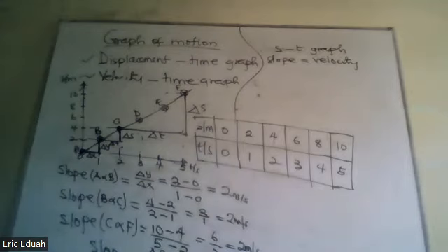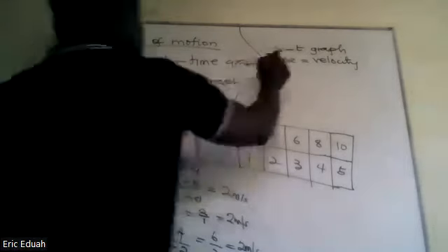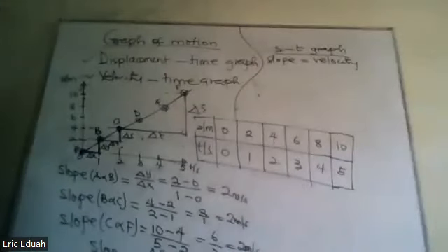For a displacement time graph, the slope is equal to the velocity of the body.